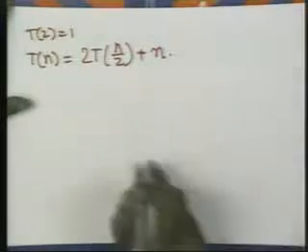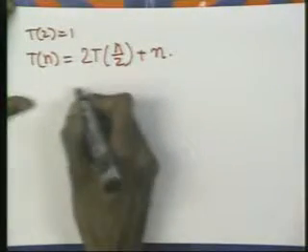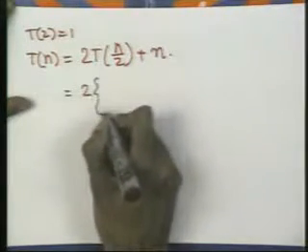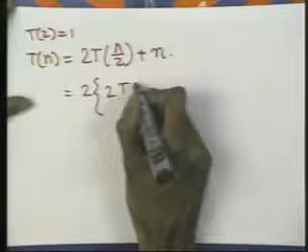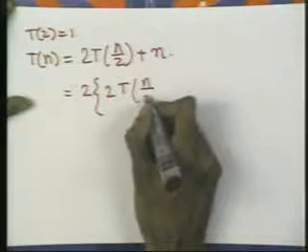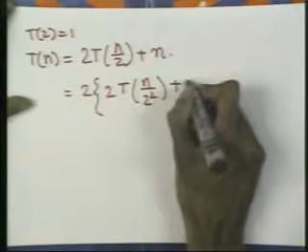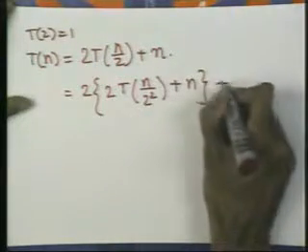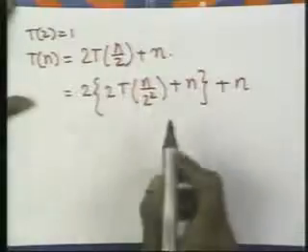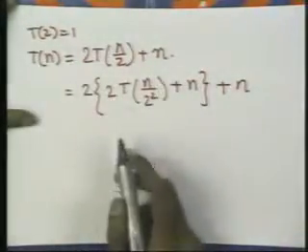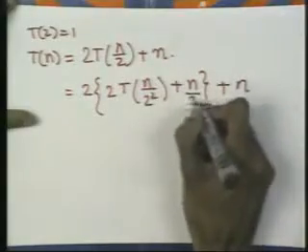Okay, so let's open this out. Twice T(n/2) plus n. So this T(n/2) I have replaced; I have again used this recurrence. I'm sorry, so this should be n by 2.